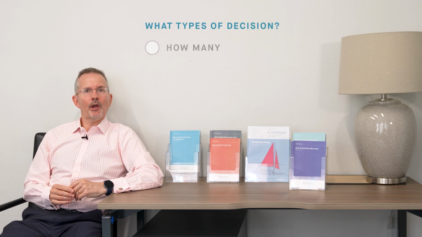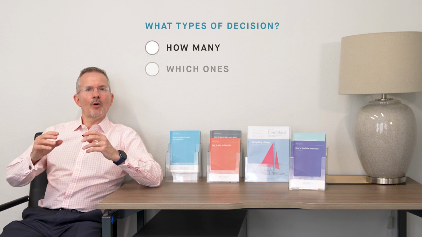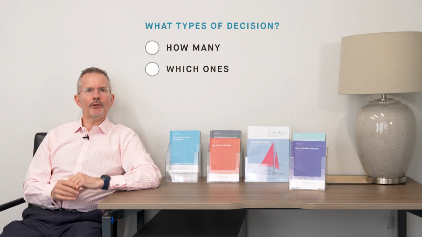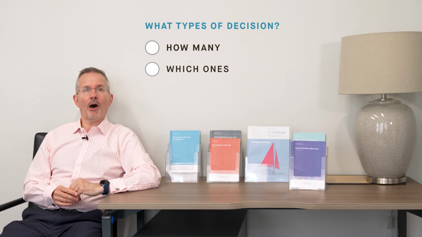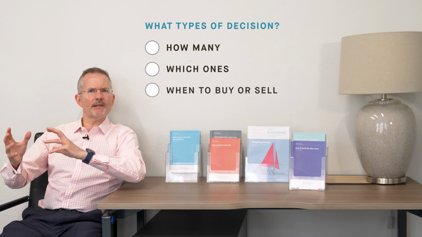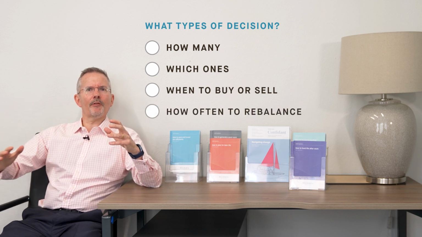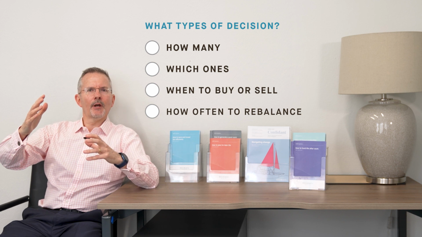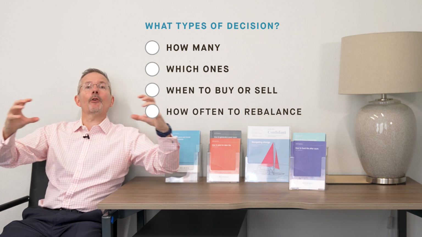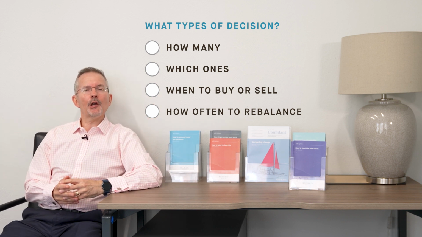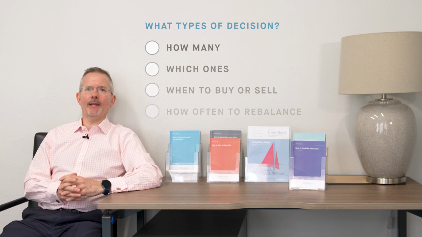How much are you going to put into each basket? Which individual securities will you then decide to buy? How often will you buy and sell them? And if the portfolio starts to move out of alignment because one part of it grows and another doesn't, and you want a roughly equal weighting across the portfolio, how often are you going to rebalance and how aggressively?